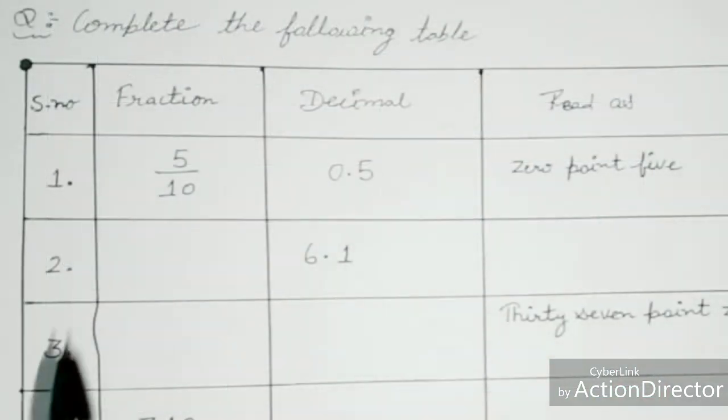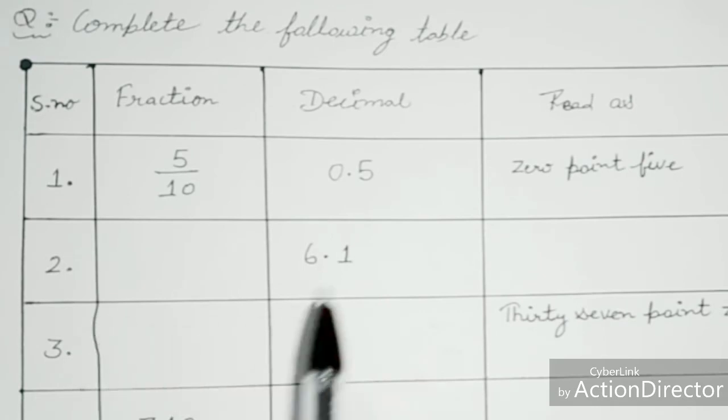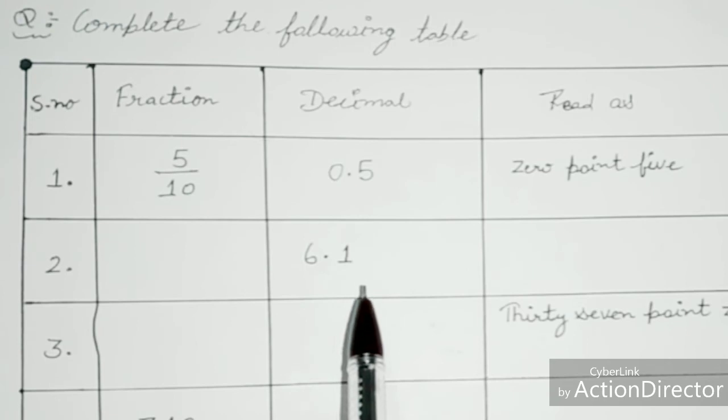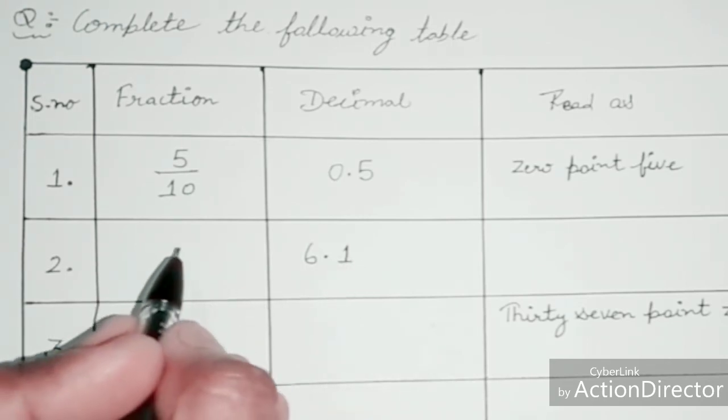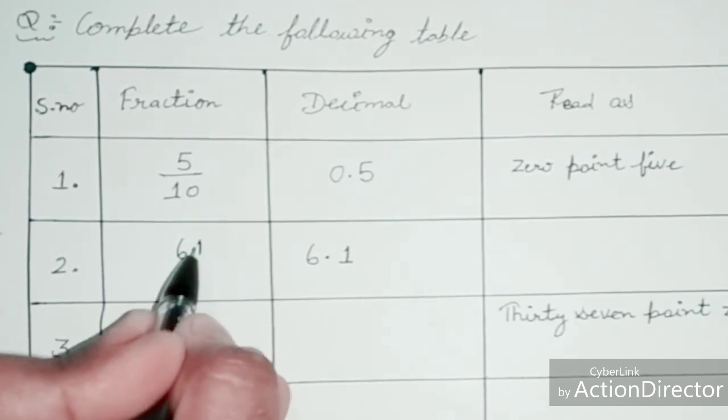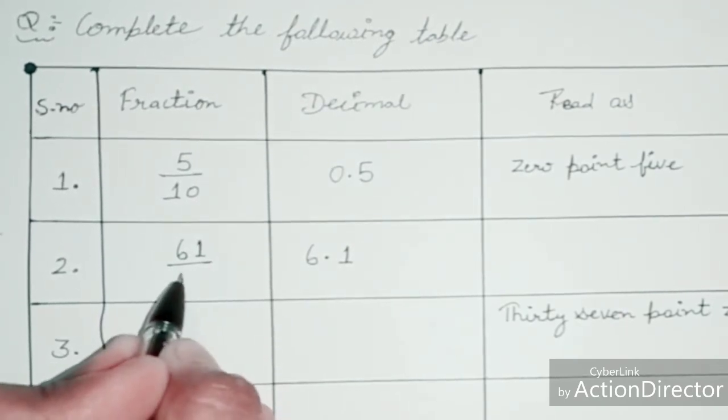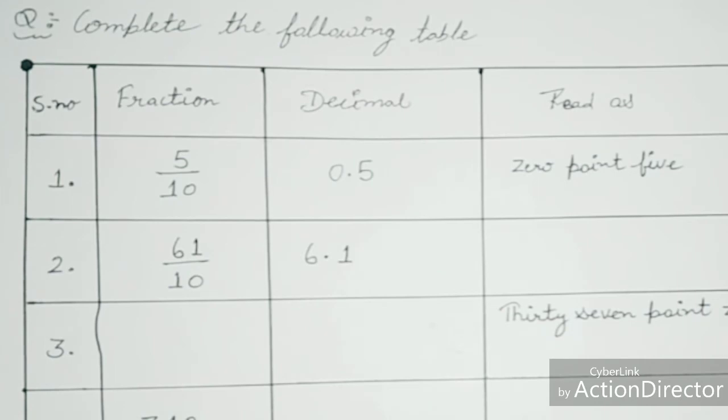In example number 2, the decimal number is 6.1, and this number has the decimal point before one digit, so we write this number in fraction form as 61 upon 10, and we also check our answer here.